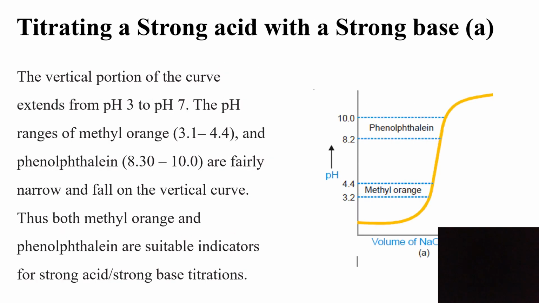Let's see one by one. The first one is a strong acid and a strong base. Here the strong acid is HCl and the strong base is sodium hydroxide. We have already discussed that the suitable indicator is one which has a small pH range that falls wholly on the vertical part of the titration curve.